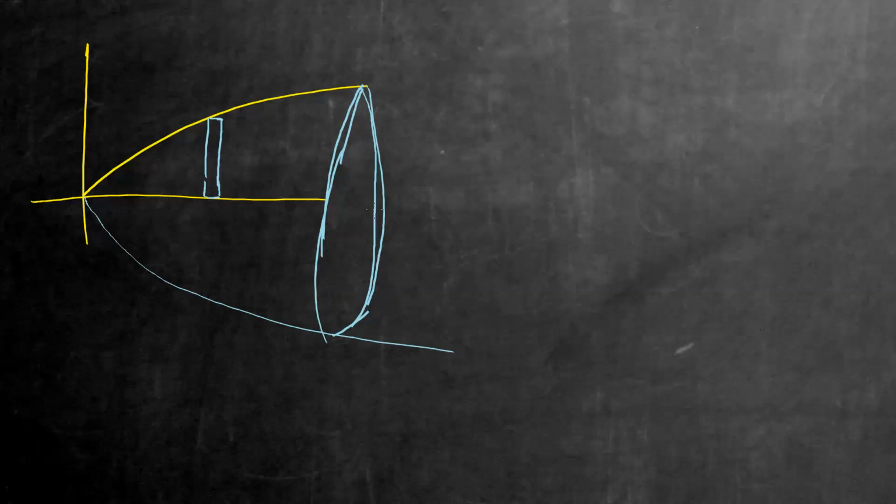Some kind of a cup, I don't know. And then if I do revolve my typical rectangle, I really like the drawing they have here of the actual width going around. You should be able to see that that's going to create a disk.